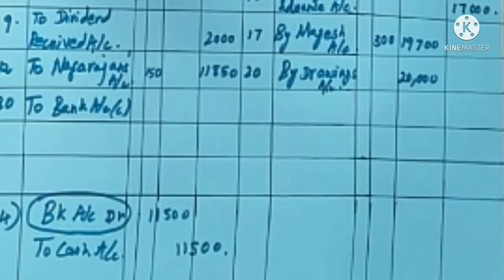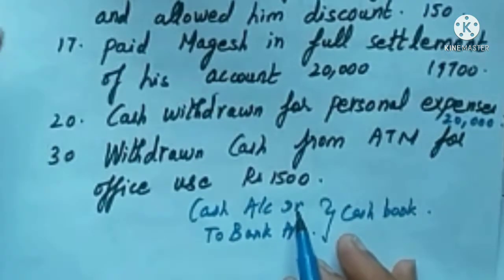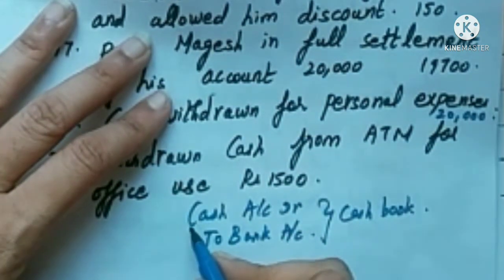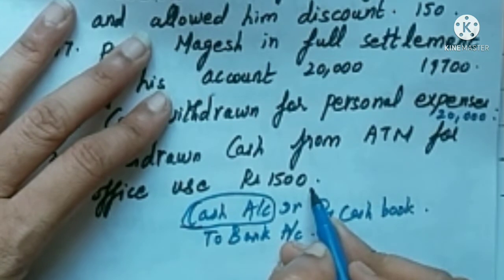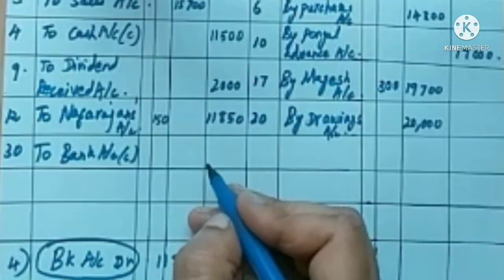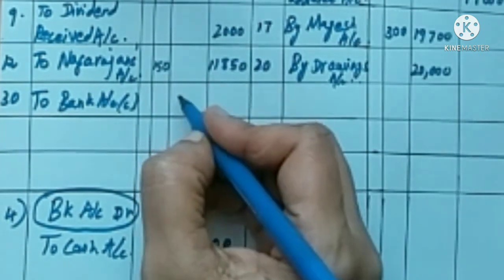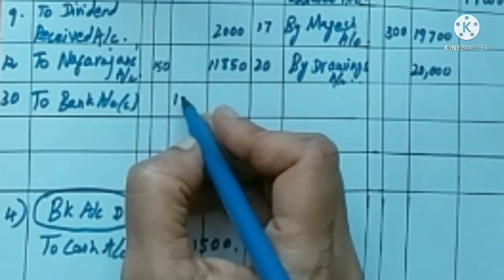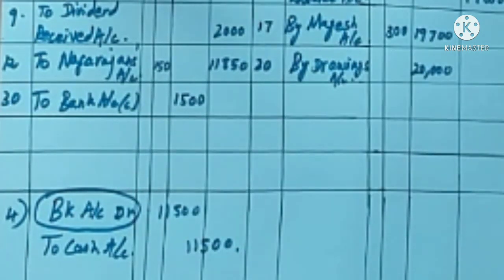Then in which column should I write? Cash account is debited, so I am going to write it in the cash column, rupees 1,500. This is the cash column, this is the bank column.